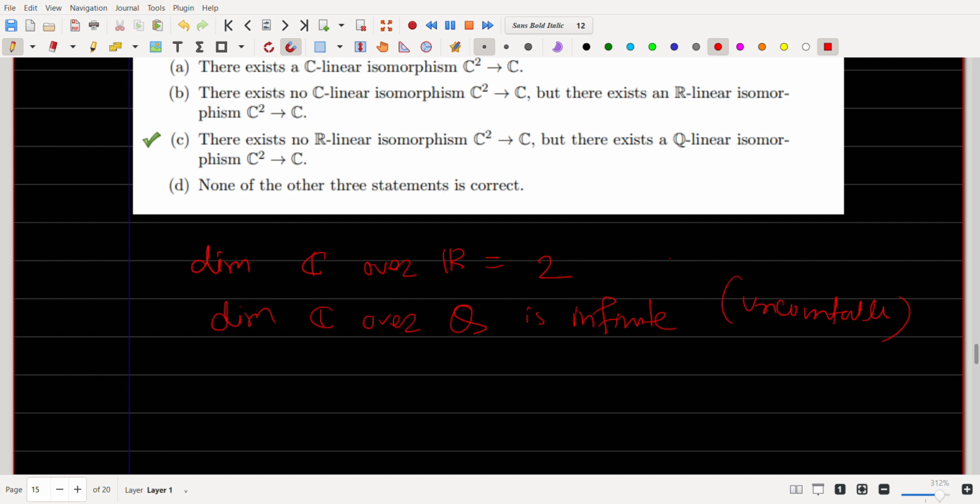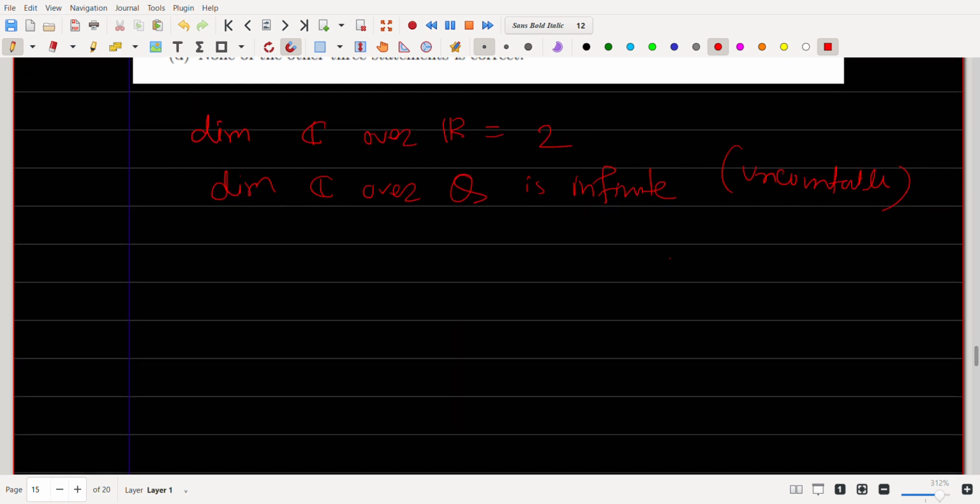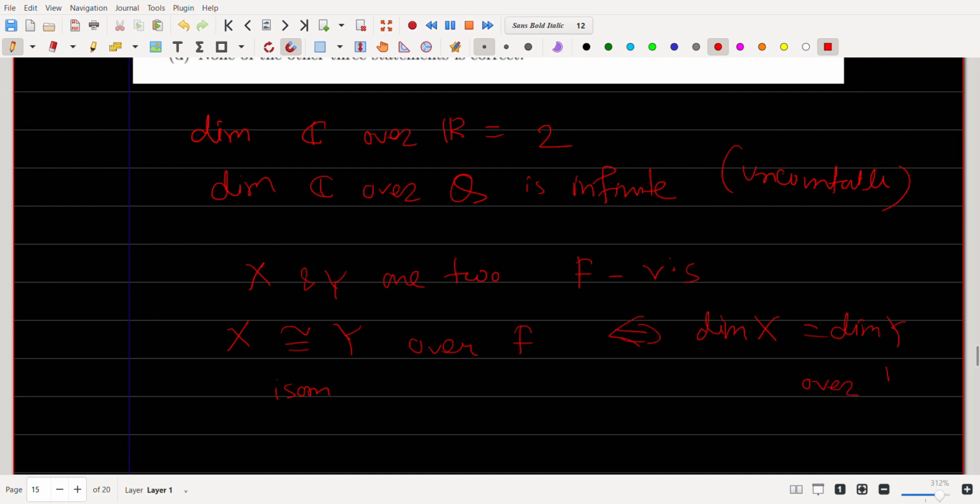So what you can do here, first thing is that if X and Y are two F vector spaces, then X is isomorphic to Y over F if and only if the dimension of X equals the dimension of Y over F. This is a simple linear algebra fact.